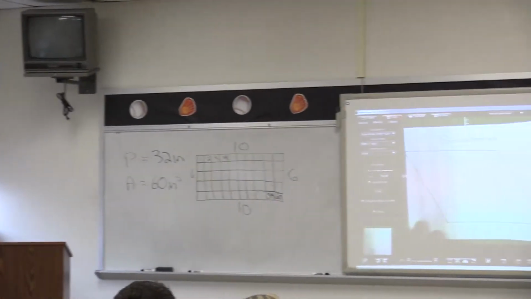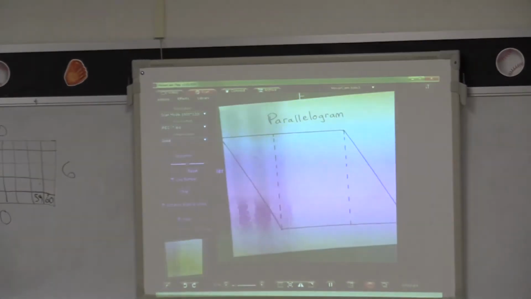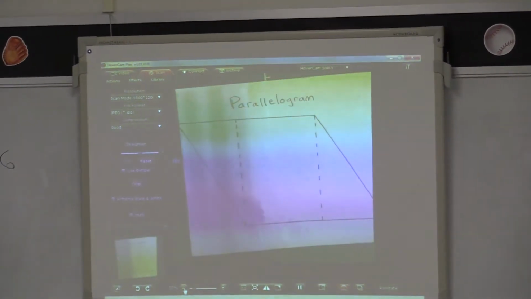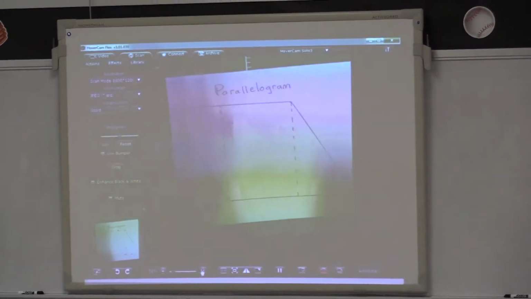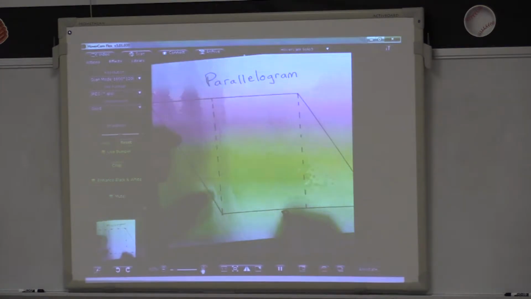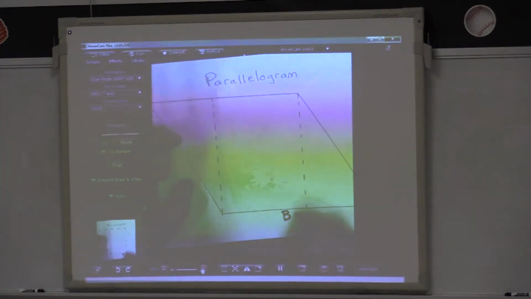Okay, guys. Do you remember, by any chance, let's take this figure, our parallelogram. A lot of students think, let's take this called the base or the length.